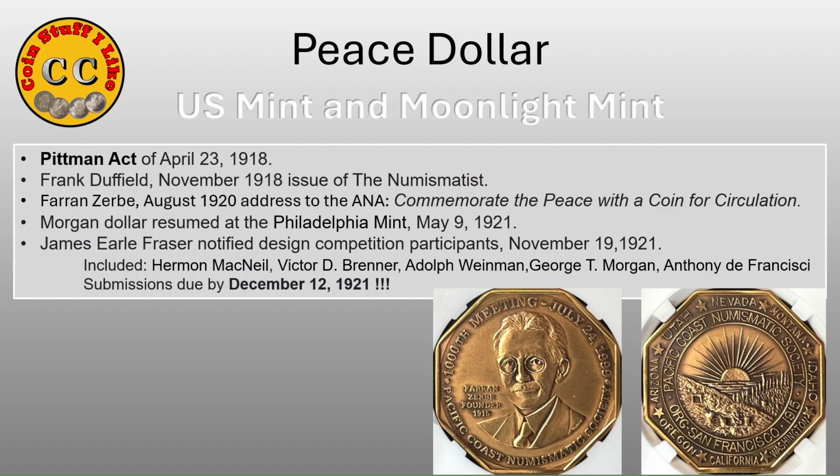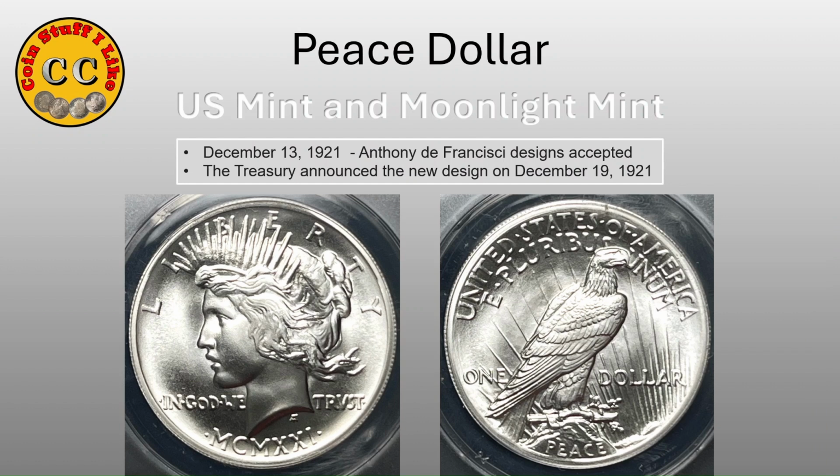So James Earl Fraser notified everybody, the participants, on November 19th, 1921, and said, oh, by the way, the submissions are due in about a month, December 12th, 1921. So during this 1 month period of time, they worked on designs, submitted designs, and on December 13th, Anthony D. Francisci, his designs were accepted.